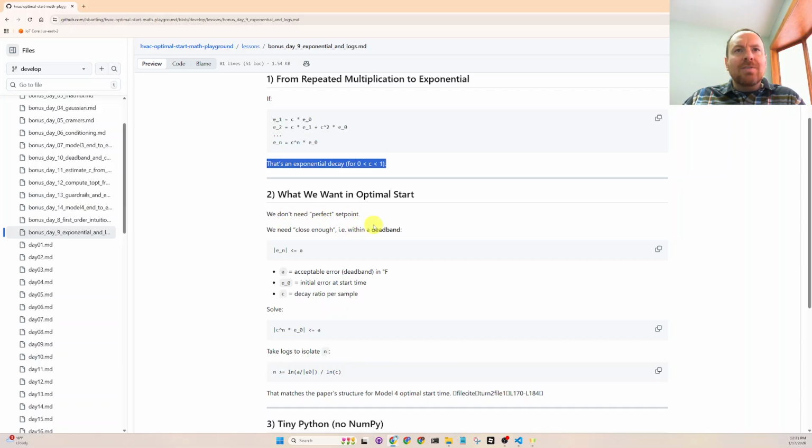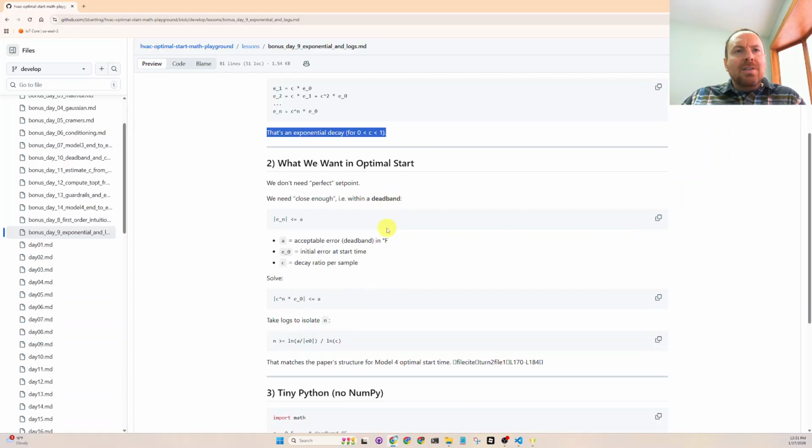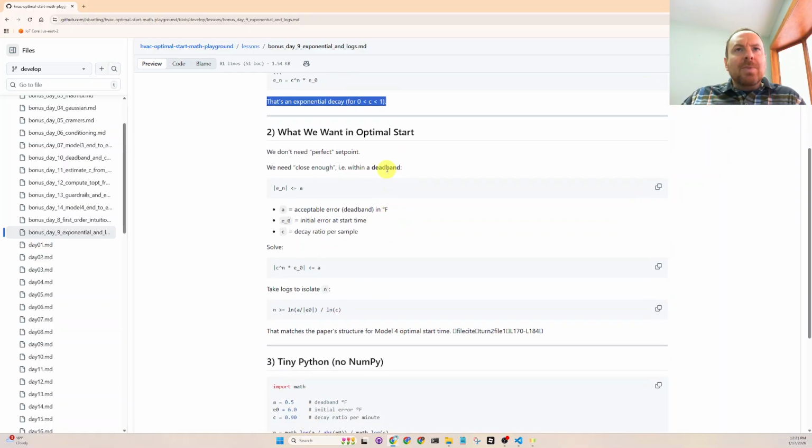We need close enough. That's deadband. Deadband is typically the temperature above or below a set point. So if your set point is 70 degrees Fahrenheit and you have a 2-degree deadband, that means 1 degree up and down. That's what deadband is referring to.